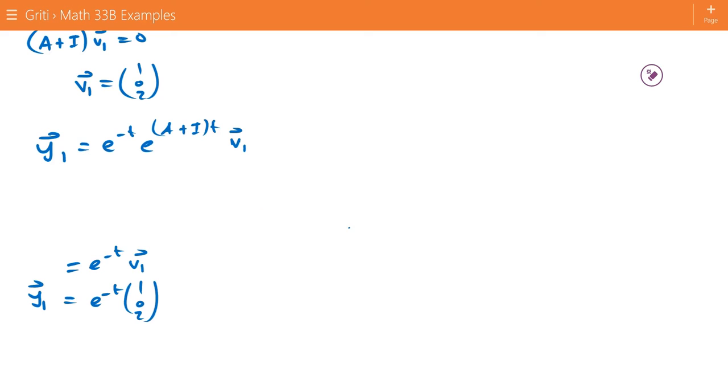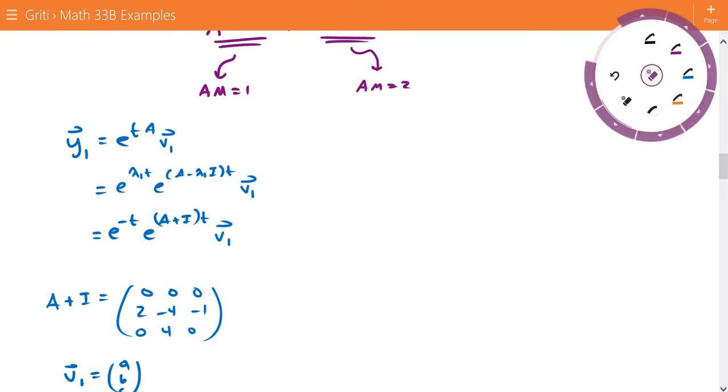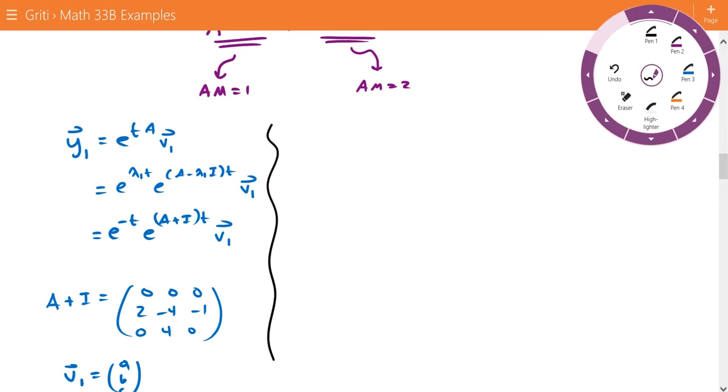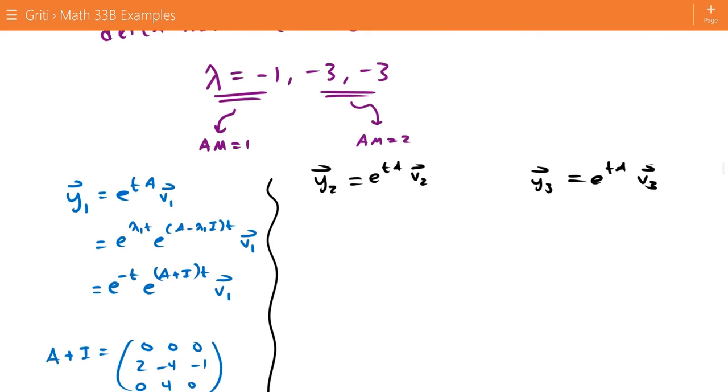So now we can focus on our eigenvalue with algebraic multiplicity 2. We know our two solutions that we have left over, y2 and y3, will take this form, e to the tA times v2 and e to the tA times v3, where v2 and v3 are going to be generalized eigenvectors.